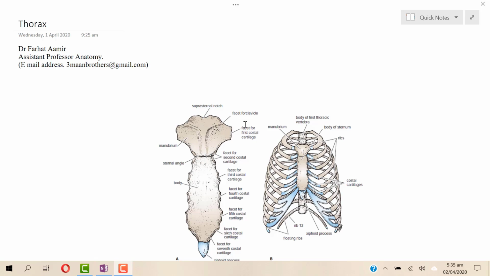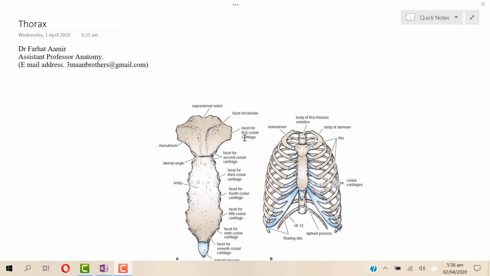Chondro is a word used for cartilage, and this is sternum. This joint is of primary cartilaginous type. So three joints are made by the manubrium. Number 1 is the sternoclavicular joint, which is saddle synovial variety.